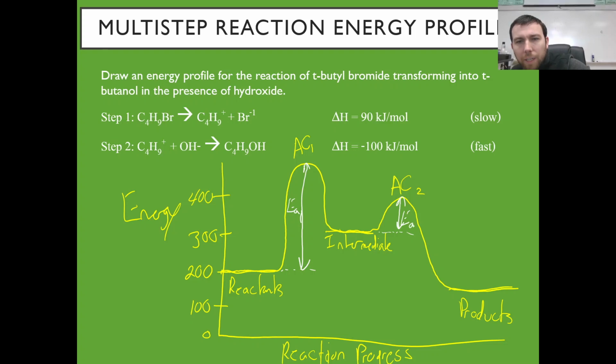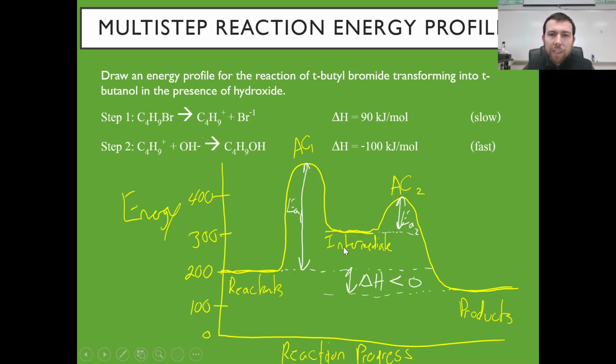That's going to be EA2. And then for our overall process, this would be delta H of the reaction, and it's going to be less than 0, right?